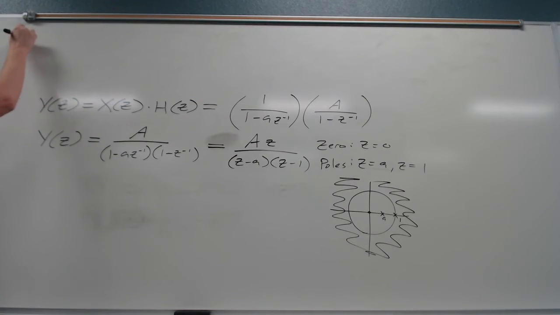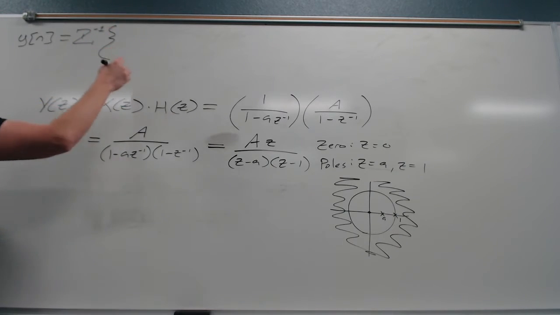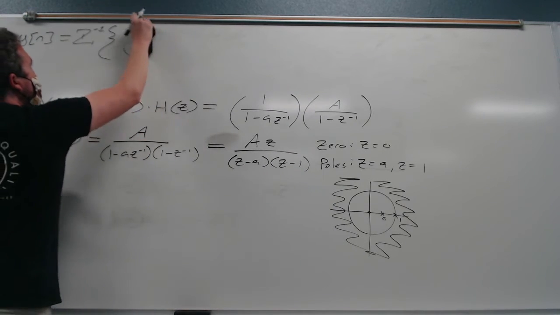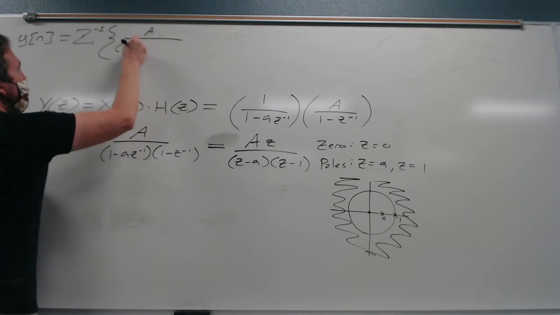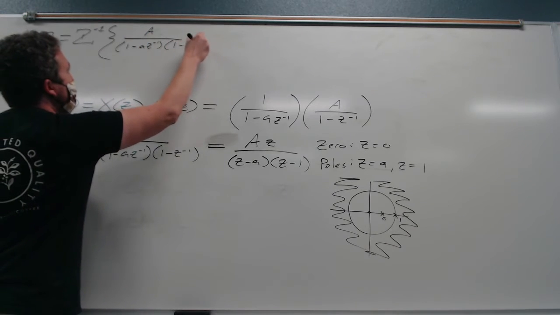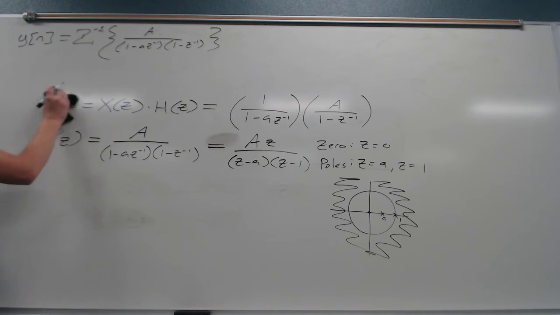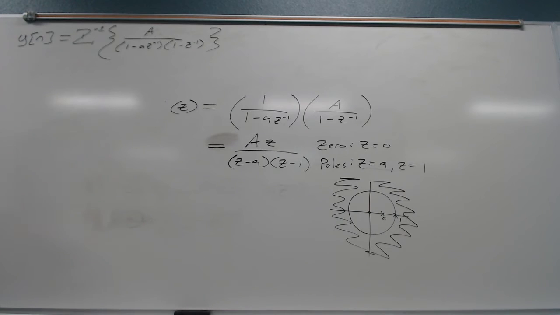We're looking for y of n, which for us now is the inverse Z transform of A over 1 minus little a z to the negative 1 and 1 minus z to the negative 1. So what method are we going to use to solve this inverse Z transform?